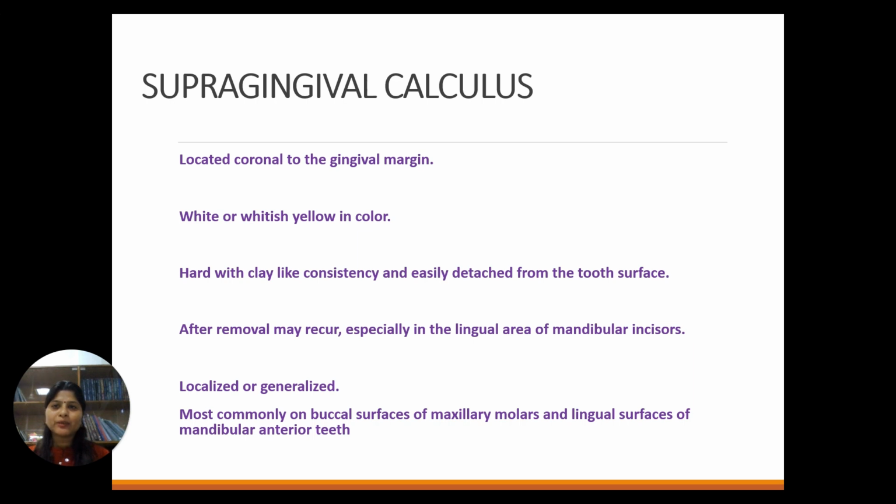What is supragingival calculus? It is located coronal to the gingival margin, white to yellow in color, hard with clay-like consistency and easily detachable from the tooth surface.